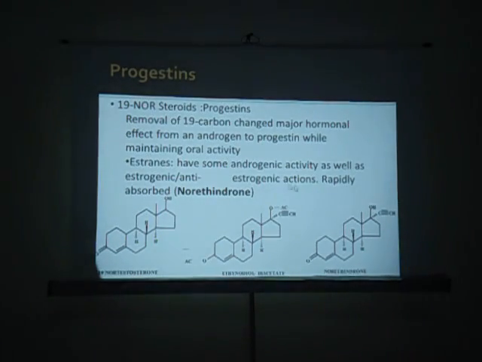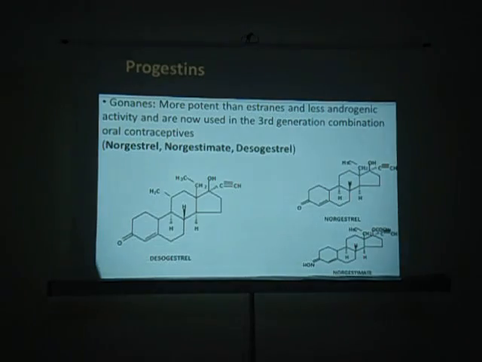These estranes have some androgenic activity also and anti-estrogenic action. So gonanes, what are these? Gonanes are more potent than estranes and have less androgenic activity, and are now the third generation oral contraceptive combinations. These are norgestrel, norgestimate, and desogestrel.